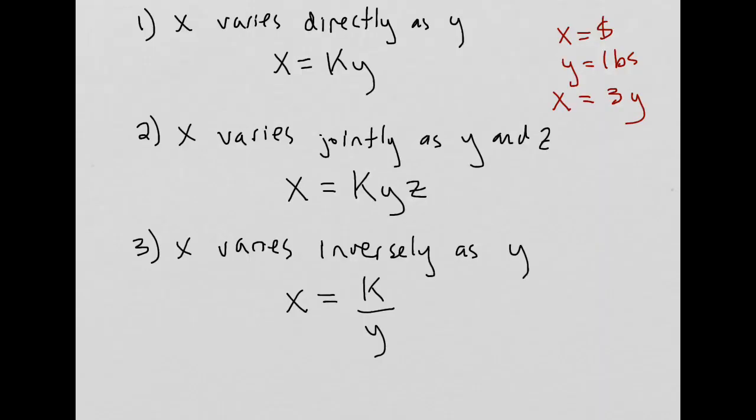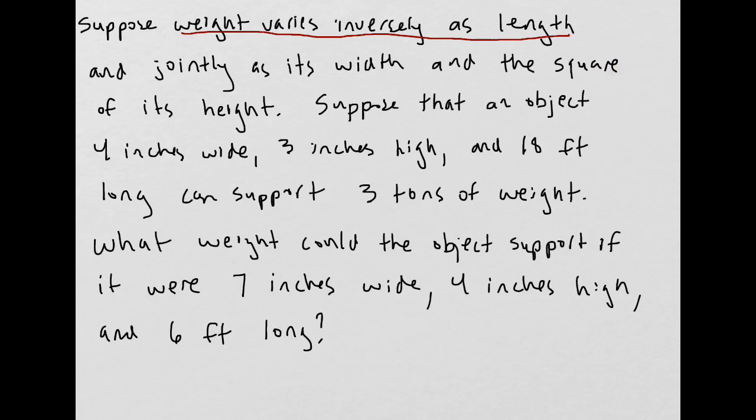Based on the background situation, I know that whenever I have inverse variation, I can write a formula. In this case, I would have the weight, which we're going to call W, equals some sort of a constant over our length, which we'll call L.